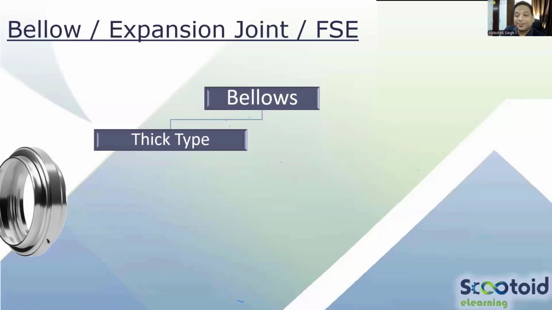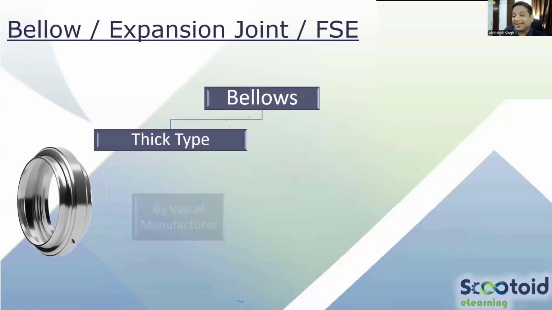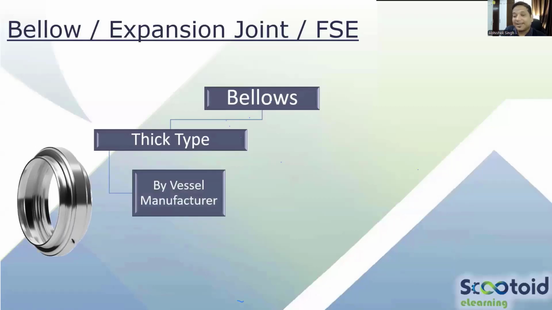Okay. Now, bellows have two different types. One is thick and one is thin. So thick bellows are designed by whom? Who designs the thick bellow? If you see the tree of manufacturing, it starts with the client, then there will be a manufacturer, maybe an EPC coming in between. Then there will be the pressure vessel manufacturer. Okay.